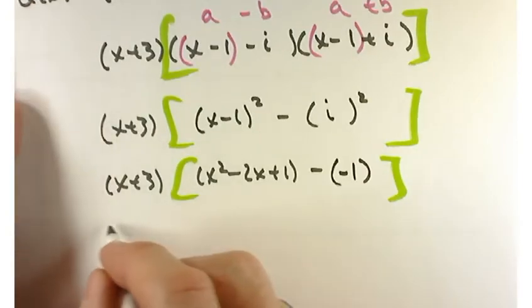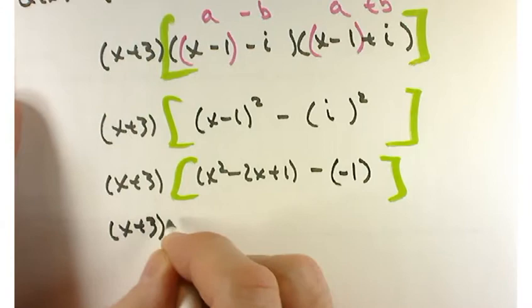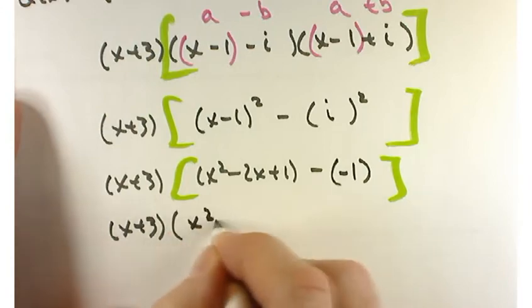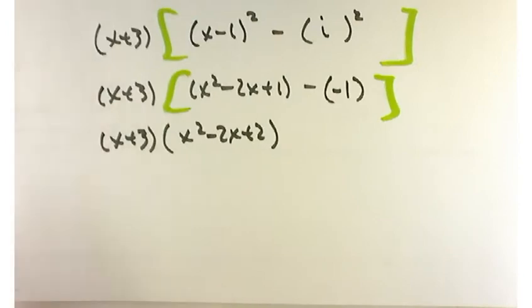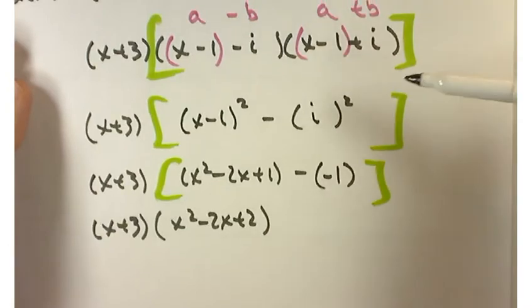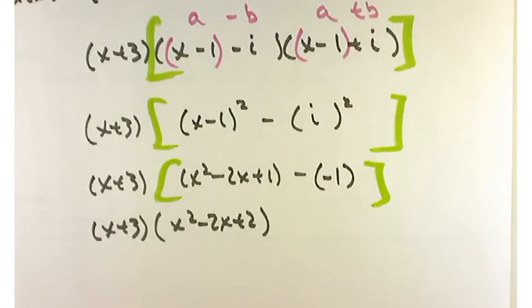So overall, I'm left with x plus 3 times x squared minus 2x plus 2, like that. Now that you've cleaned up that complex part, we'll take care of the other part. But are you okay with our trick here? I think it saves a lot of writing, a lot of errors, to be honest.